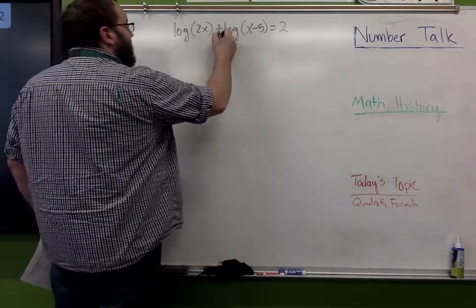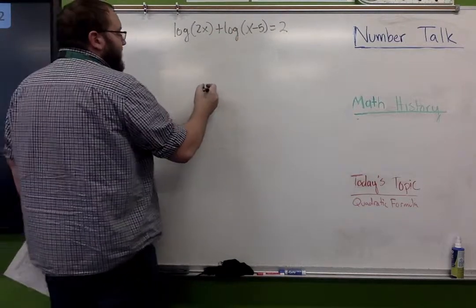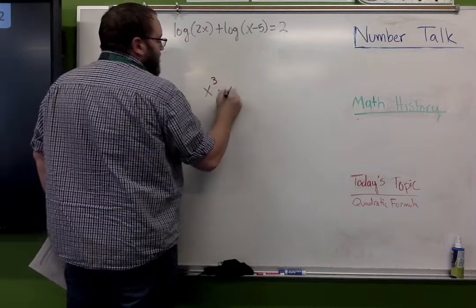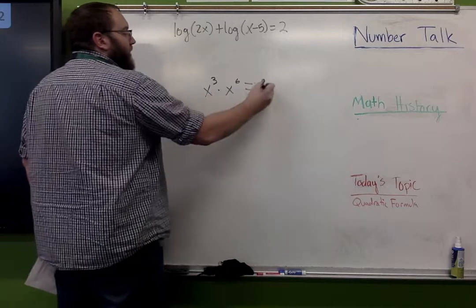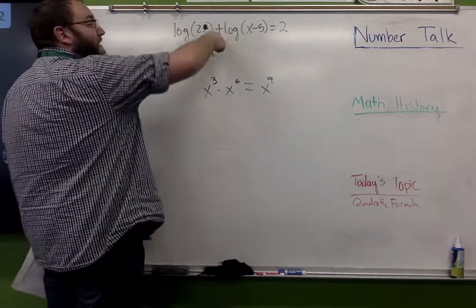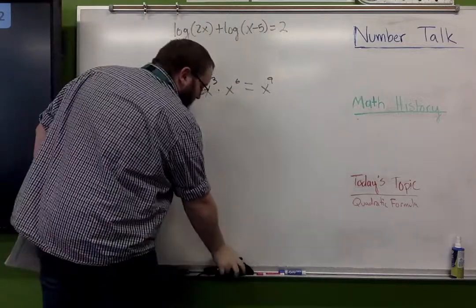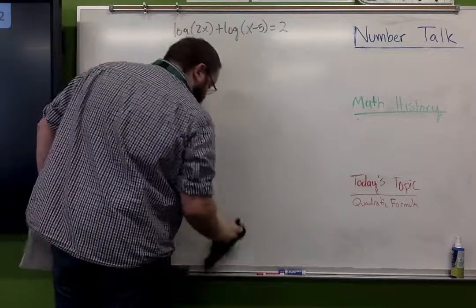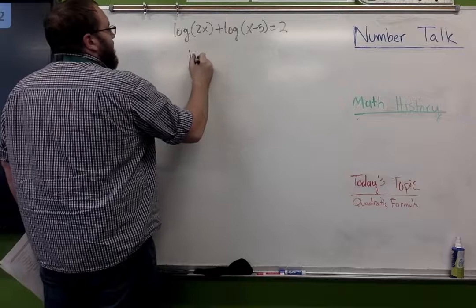If I add outside, then I multiply inside. Right? The exact opposite of this: if I multiply outside, then I add inside the exponents. Well, here, the exact opposite. If I add outside, then I multiply inside the function. So let's see here.